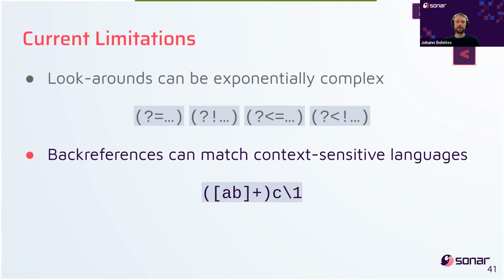Also difficult are back references, because they result in regular expressions being able to match more than just regular languages, and they can also match context-free and context-sensitive languages, which are not very well suited to be represented by non-deterministic finite automata. Again, it's something we could probably build some rudimentary support for, and we may do in the future.